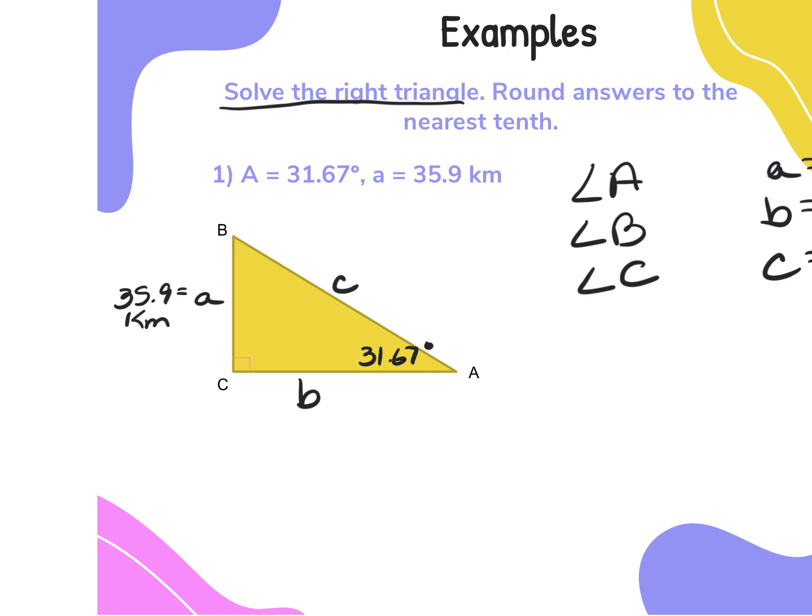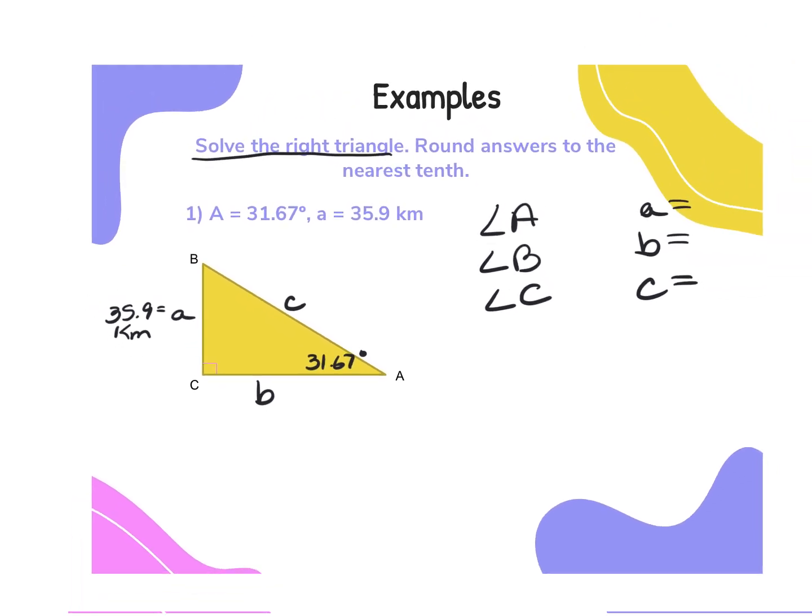Now, when I go to solve these other pieces, so let me go ahead and fill over here. So this is given to me, 31.67. Side length a is 35.9 kilometers. I also know angle C, it's the right angle. So really, when you're solving these triangles, you're always going to start out with 3 pieces of given.